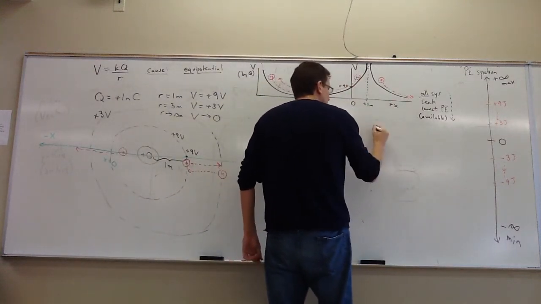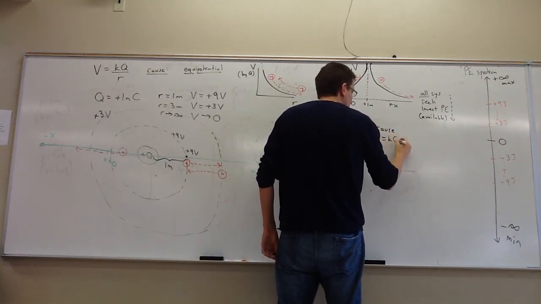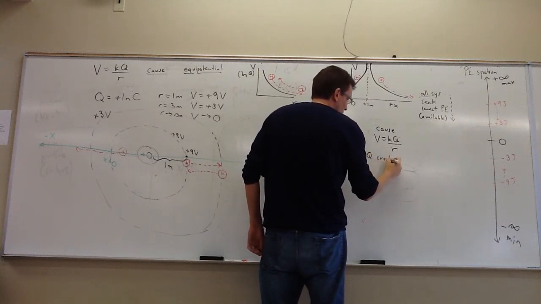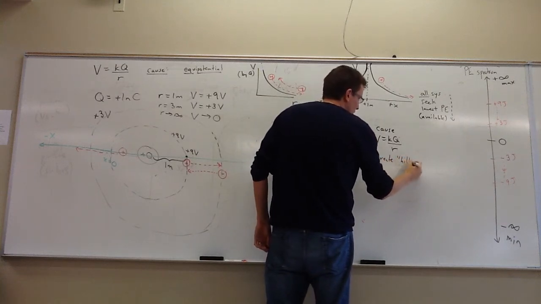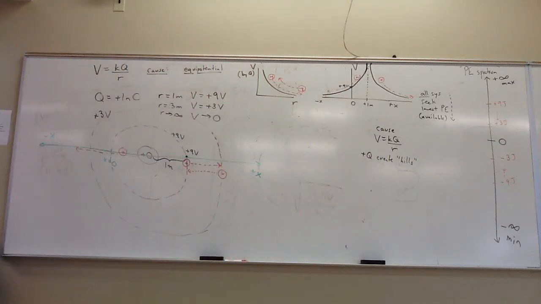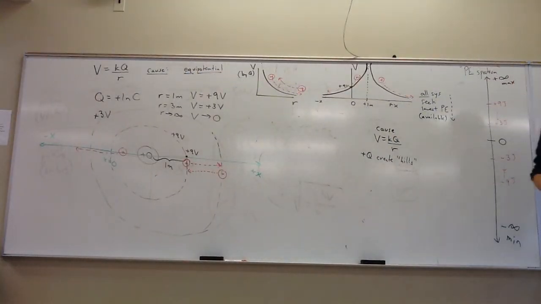So, let's go back to the cause and effect. The cause is V equals KQ over R. The positive charges create voltage hills, raised regions of positive voltage value. And so if positive charges create hills of raised voltage values, it's no wonder that other positive charges want to go to lower voltage to get off of those hills, because getting off those hills is getting away from other positive charges.